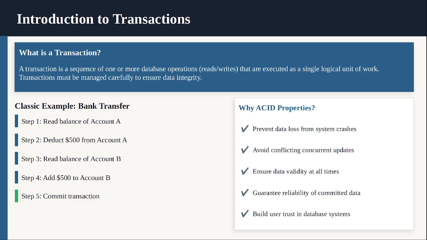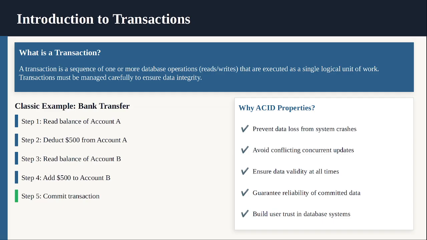The system reads the bank balance of account A, then deducts a certain amount. After that, it reads the balance of account B, and finally adds that amount to account B before committing the transaction. These steps must all be completed successfully.